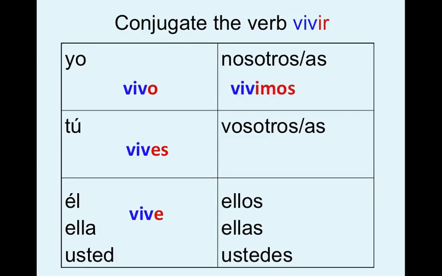Nosotros vivimos, nosotras vivimos en los Estados Unidos. You guys, y'all live. Vivís. And they or y'all live, ellos, ustedes viven. Let's just say the forms. Say them with me. Yo vivo, vives, vive, vivimos, vivís, viven.